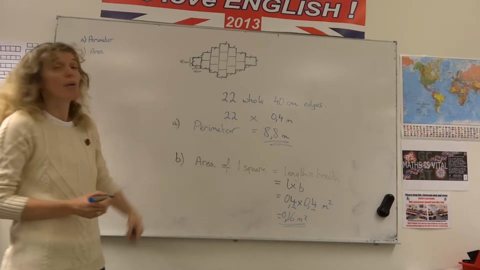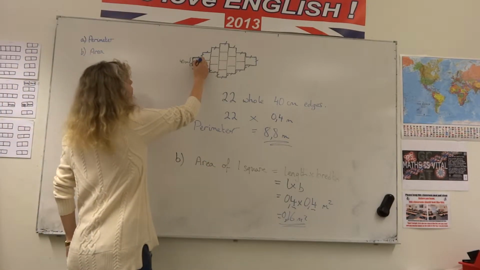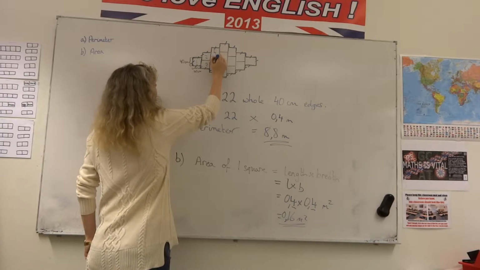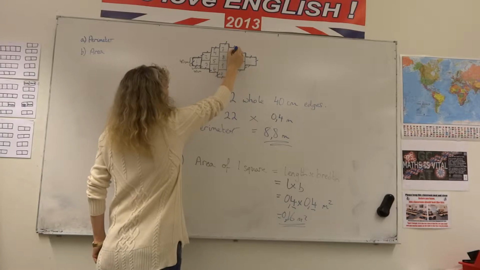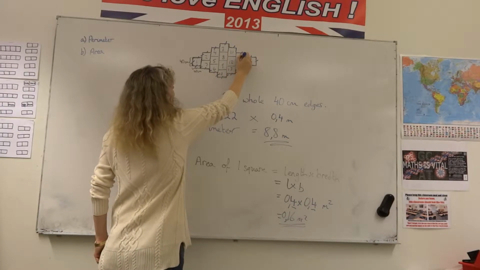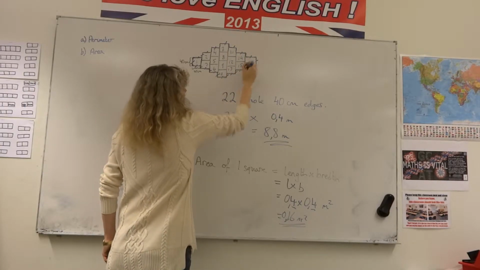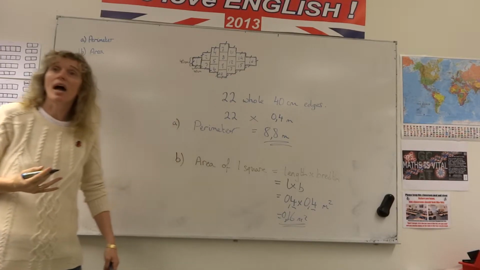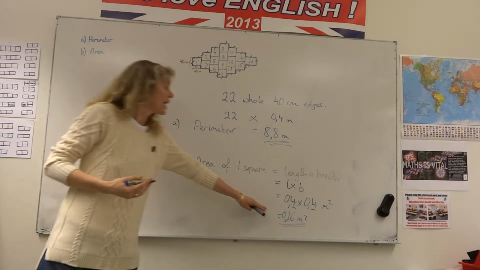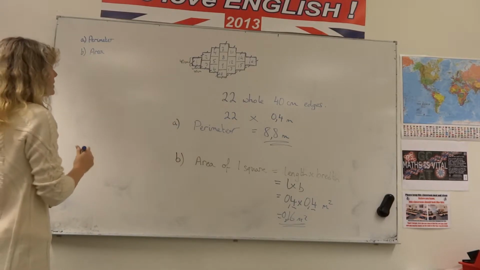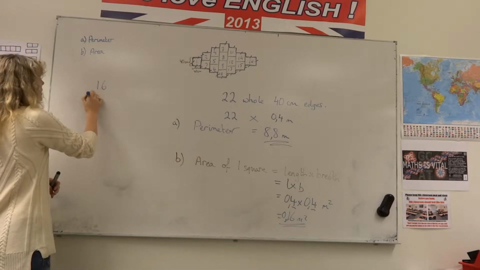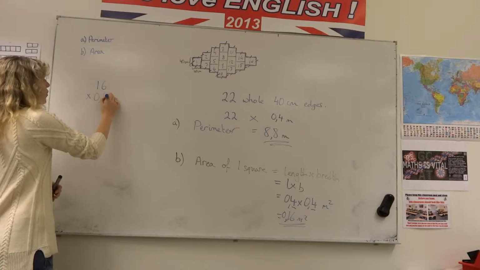Now I have to just count how many tiles I have. 1, 2, 3, 4, 5, 6, 7, 8, 9, 10, 11, 12, 13, 14, 15, 16. I have 16 tiles and each of those has an area of 0.16. So the area of the whole of my pattern will be 16 times 0.16.